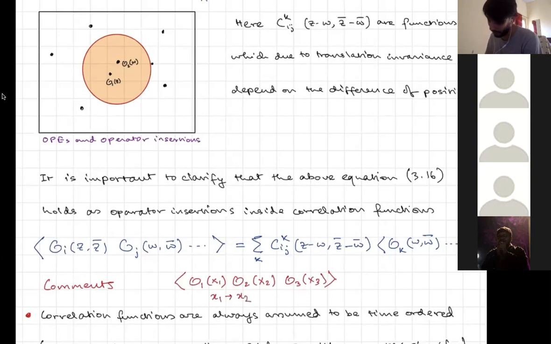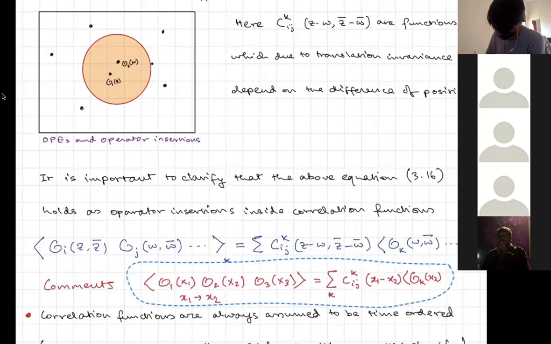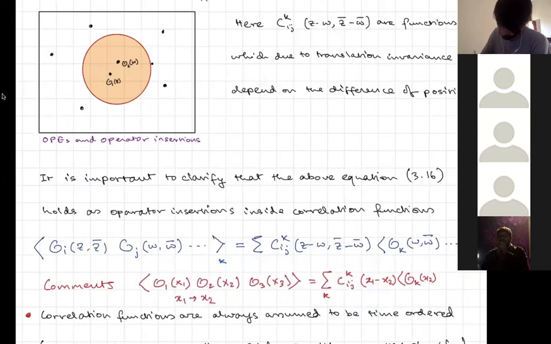Then you can replace this by a sum over k of C_IJK of x1 minus x2, times a string of operators at the point x2, and then O3 at x3.